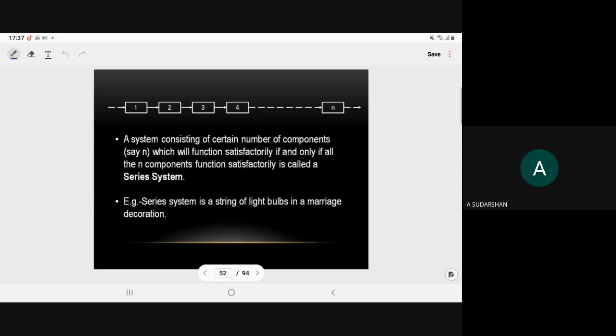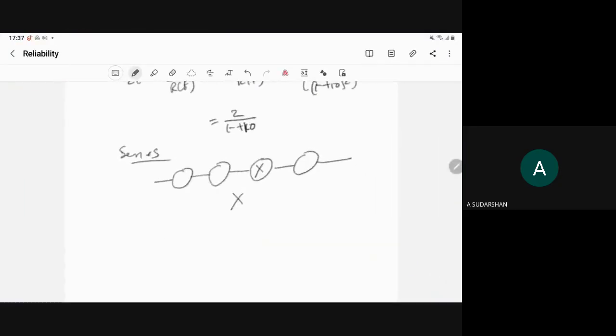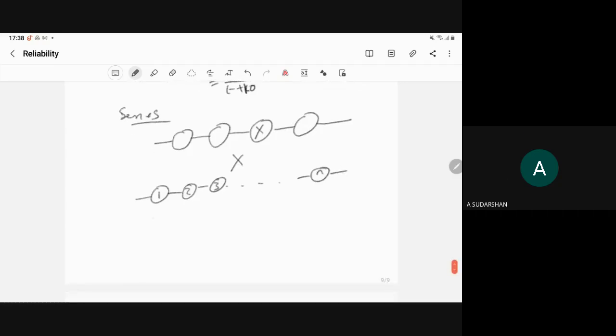Clear this part? Now, let us have the first component, second component, third component, and the nth component. They are arranged in series.